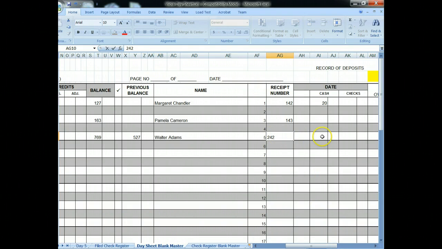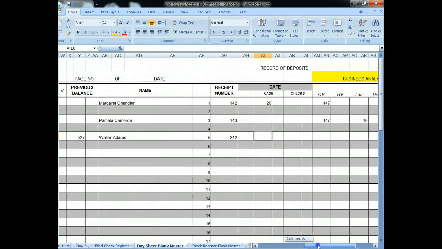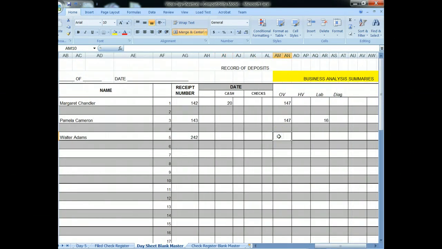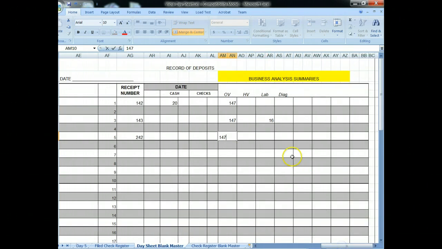That would be his super bill. You're not going to submit that to me though. No payments. Did have an office visit of 147, and he had diagnostic. EKG is diagnostic, and that was 131.